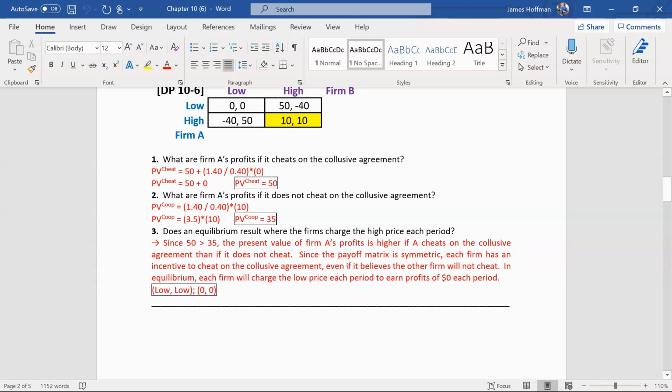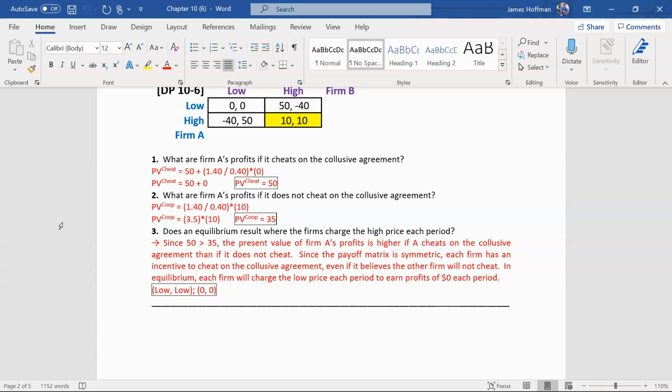And 1.4 divided by 0.4 is 3.5, and times 10 is 35. So if they cooperate, the expected payout is only 35, and that's because the interest rate is ridiculously high at 40%.